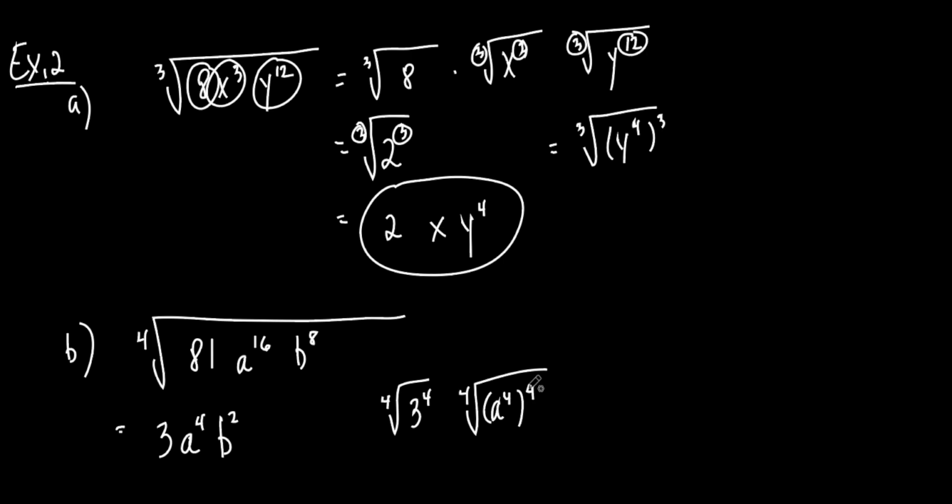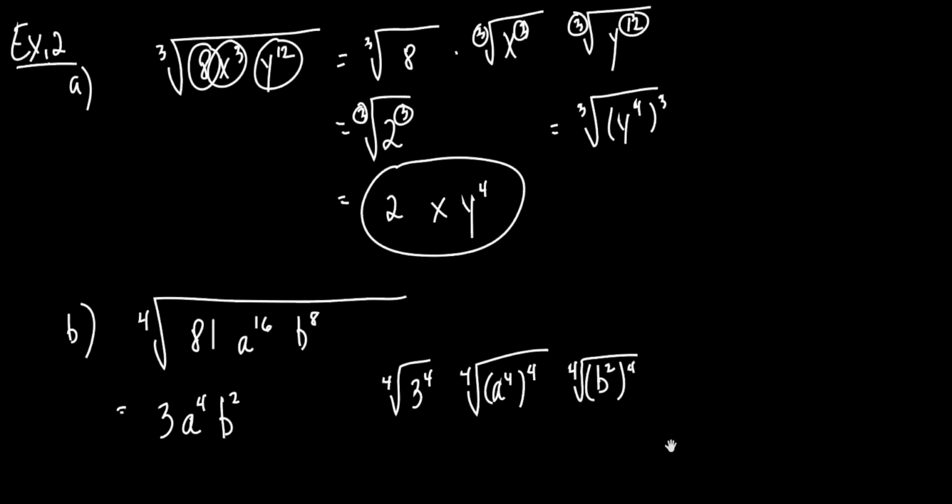Because, again, what do you do with the exponents? You multiply them together. 4 times 4 is 16. And then what do you do here? This is the fourth root of what? Is something being taken to the fourth power here? Yeah. B to the second is being taken to the fourth power. Would you agree? Yes? Anybody still here? So the fourth root and the fourth power cancel each other out.